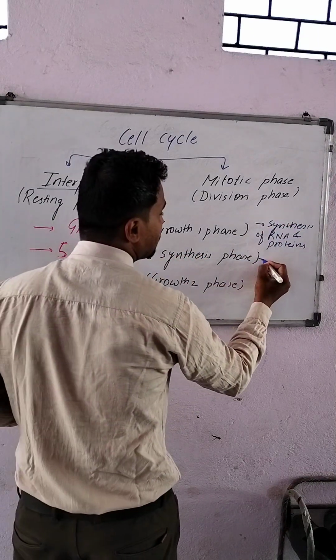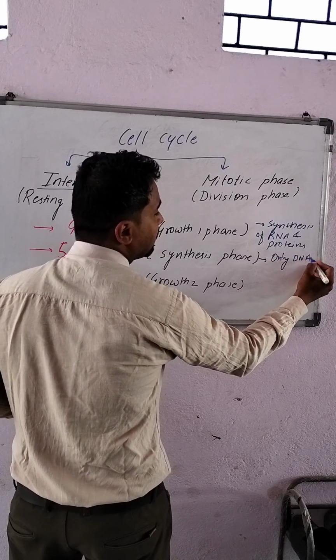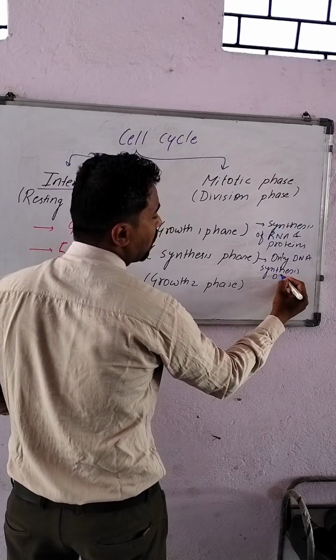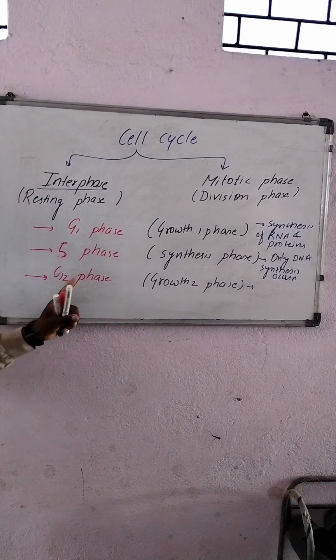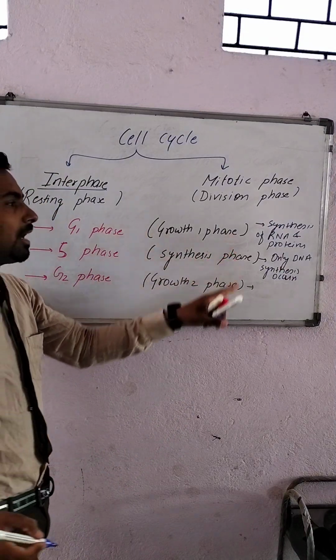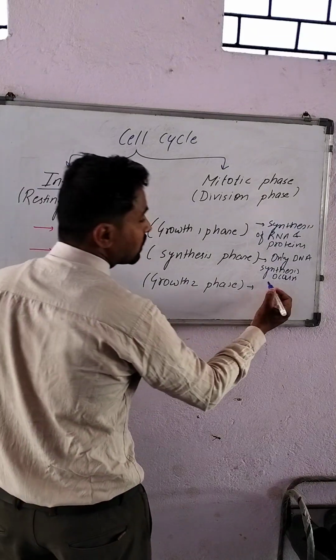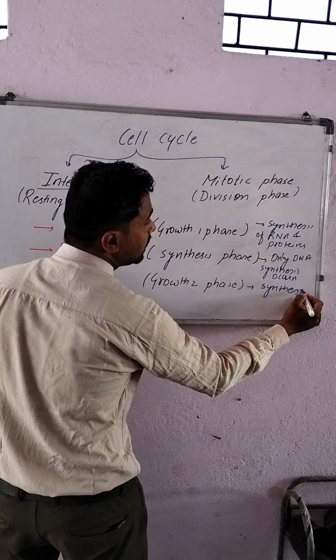In S phase only DNA synthesis occurs. Last, in G2 phase, if any RNA and protein is not synthesized in the G1 phase, that synthesis occurs in G2 phase.